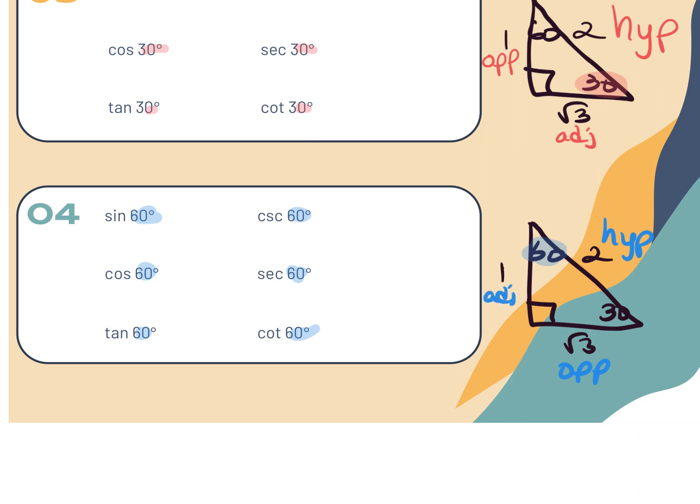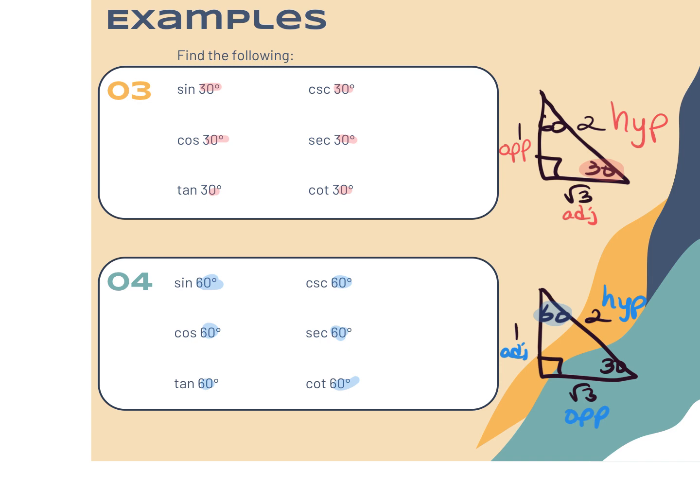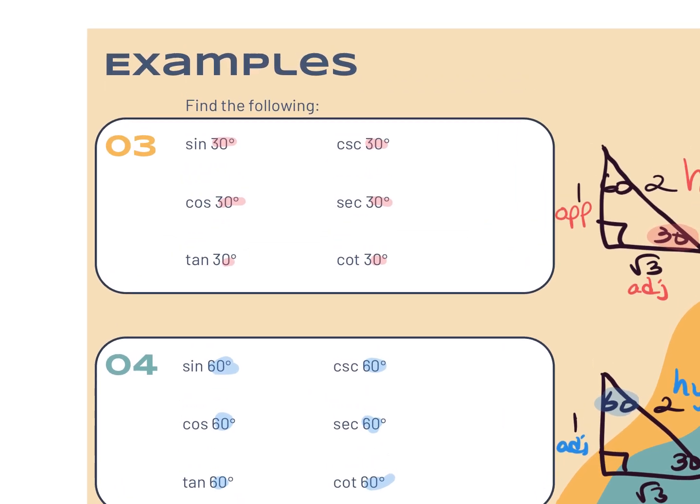So now let's fill in the values. For the red, sine, remember your acronym SOH, we're filling in opposite over hypotenuse. So this answer is 1/2. Its reciprocal, just flip that fraction, 2 over 1, so the answer is 2.